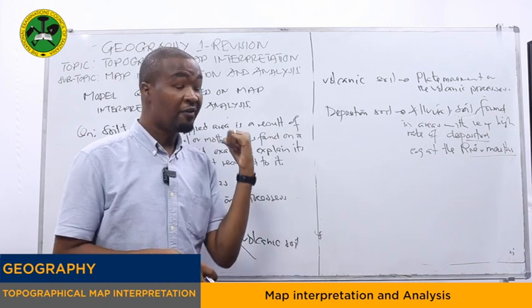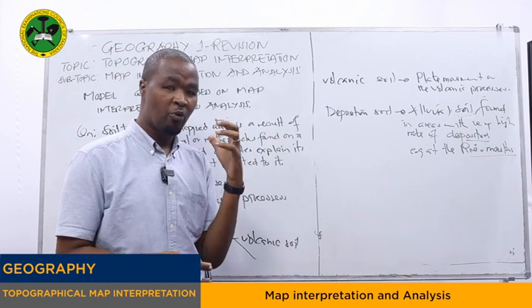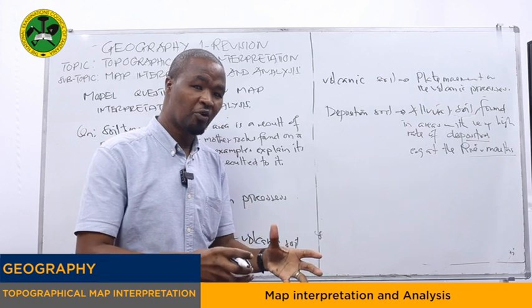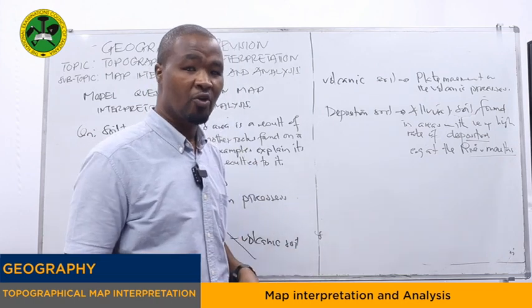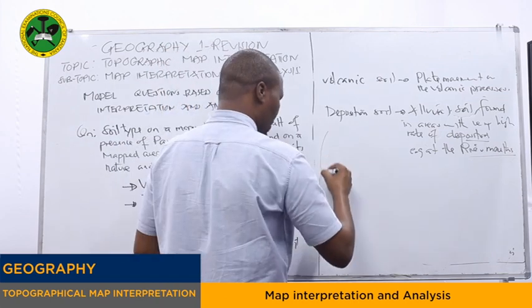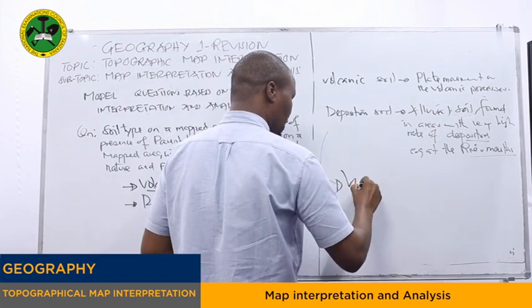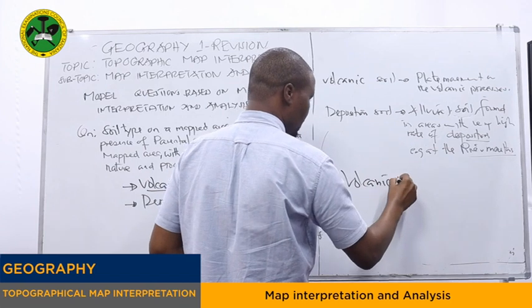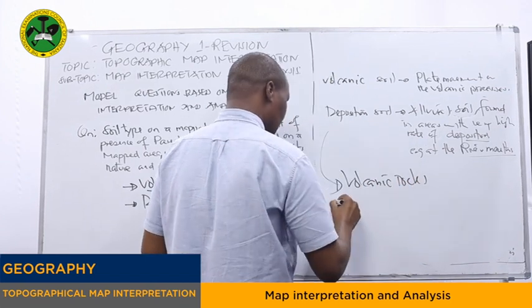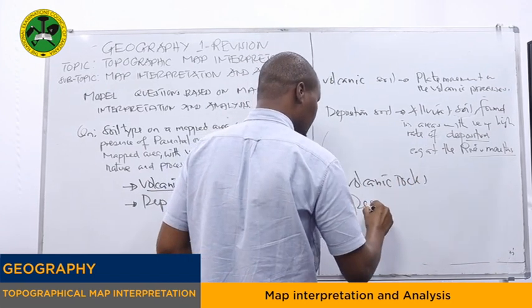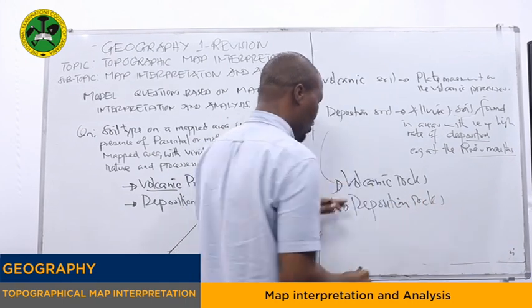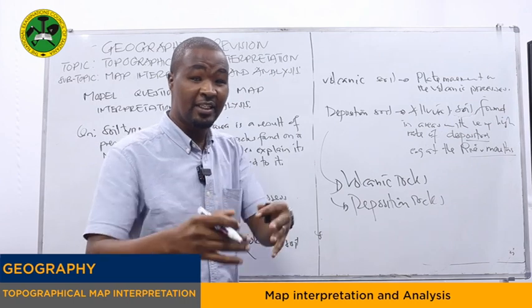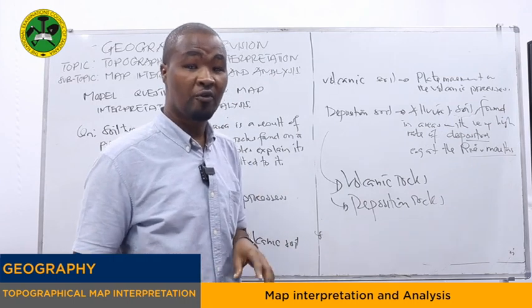So by referring to the mother rock, we are supposed to relate the type of soil, the process, and the nature to the mother rock. We said most of the rocks found in the mapped area are volcanic rocks, as well as deposition rocks. So these rocks are the source of the different types of soil found in the mapped area.